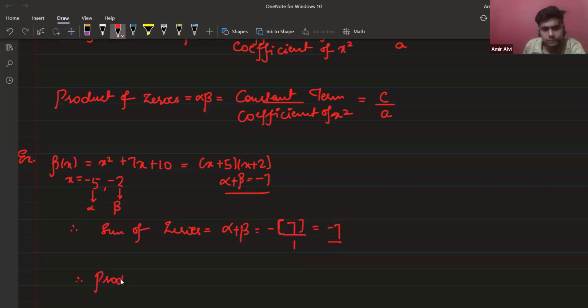Next, the product of zeros is c by a. Multiply them: -5 into -2, which is 10. This is alpha beta, which is c by a. What is c here? 10, and a is 1, so 10 by 1 is 10.